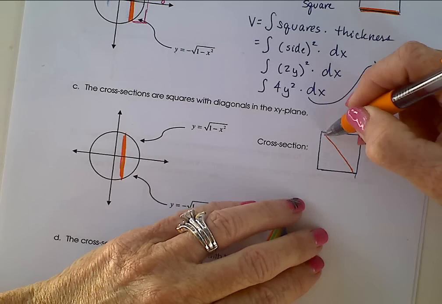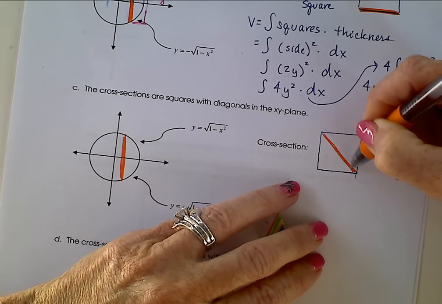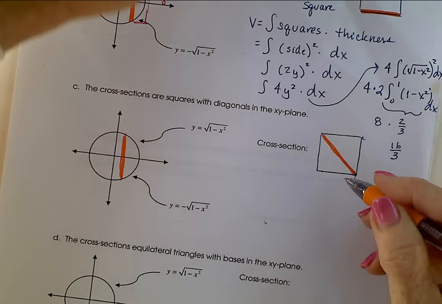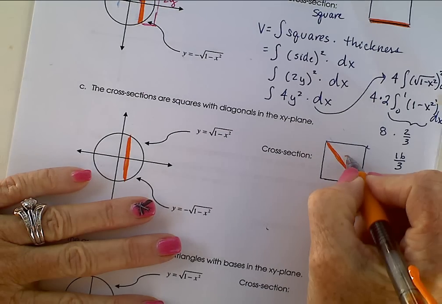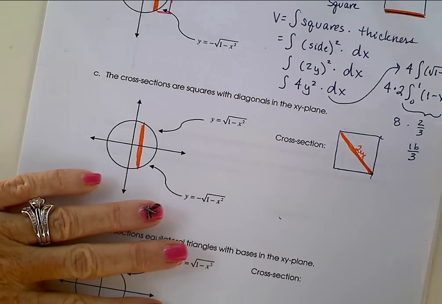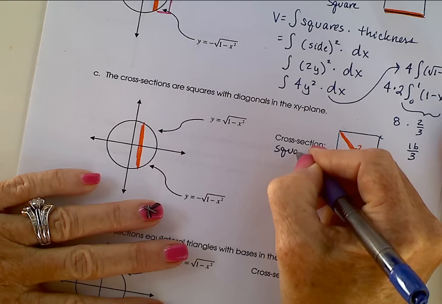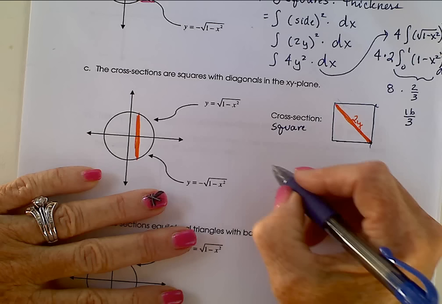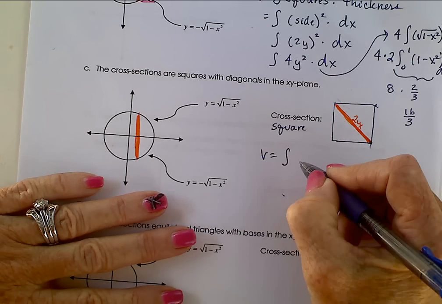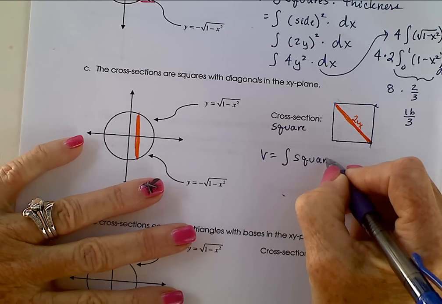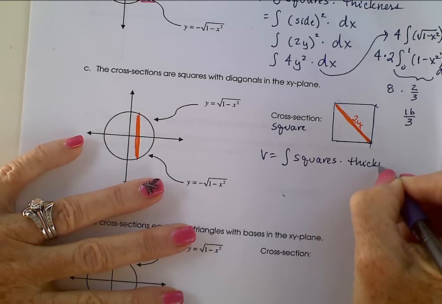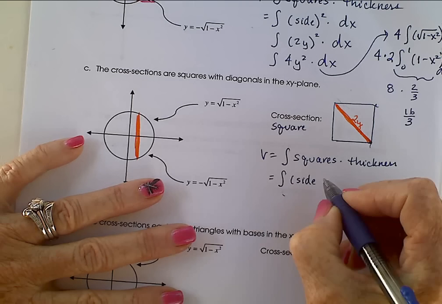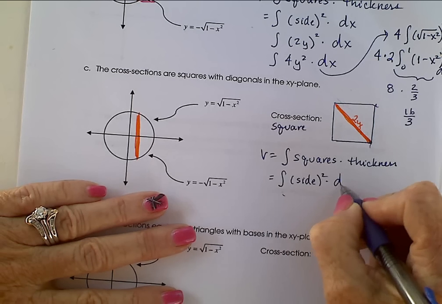It's that diagonal. That length, just like it was up here, is 2y. Cross section is a square. So we're still going to find volume by adding up a bunch of squares, which is still a bunch of side squared. Thickness is dx.